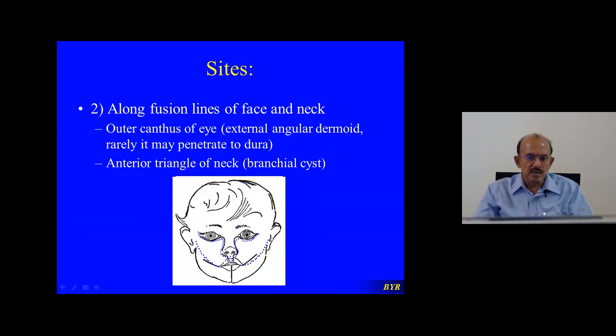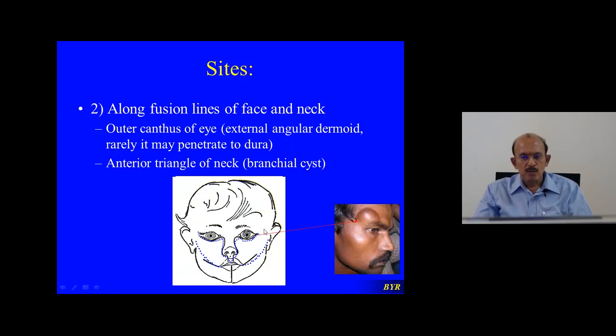So this is the maxillary process developed area, and this is the frontonasal process, and this is the mandibular process. This is the stomodeum. So the commonest place of development of the dermoid is at the outer canthus of the eye.